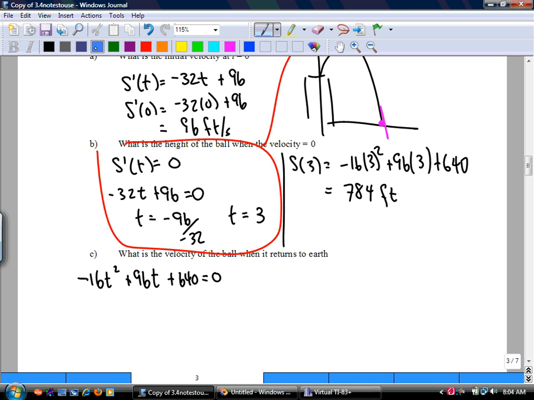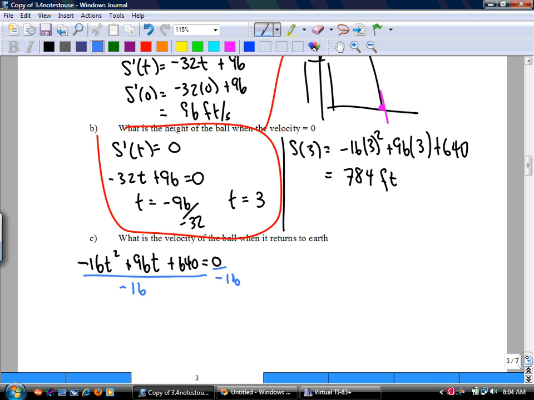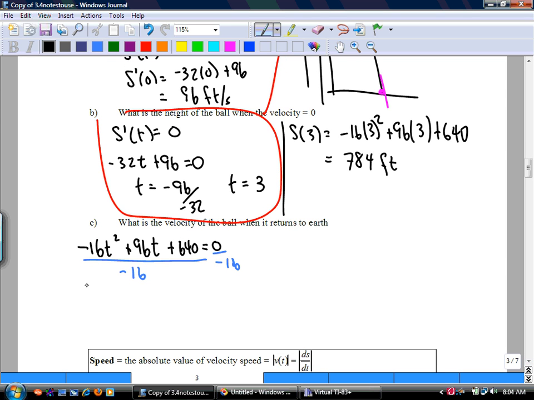I will try and set them up so that happens. So divide everything by negative 16. So you get t squared, divide everything by negative 16, make your life easier. 96 divided by negative 16 is negative 6. 640 divided by negative 16 is negative 40.